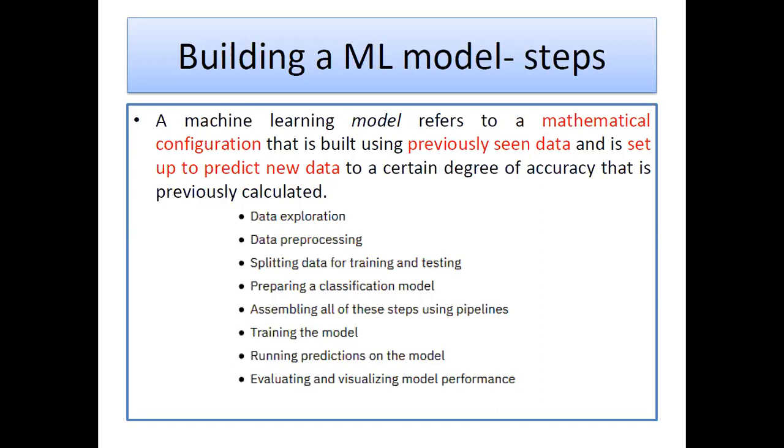The third step is splitting data for training and testing. Once I have the pre-processed data, I'll divide it into training data and testing data. As a rule of thumb, we use 80% of the data for training, and the other 20% we use to test whether the trained algorithm is working properly or not.